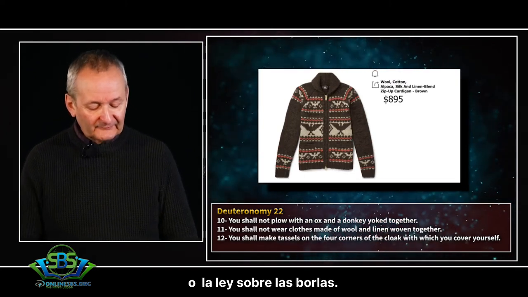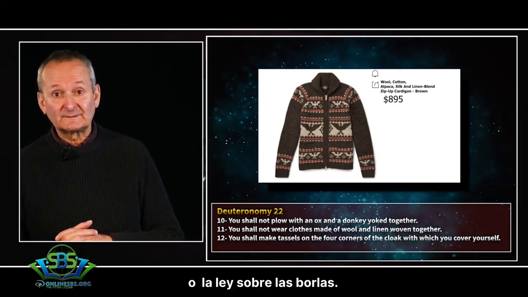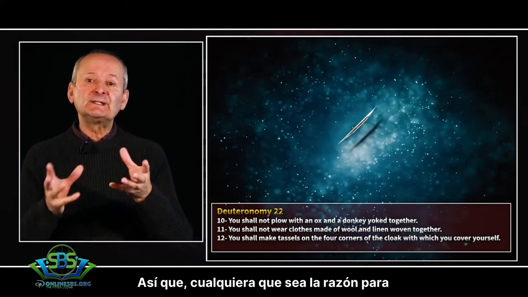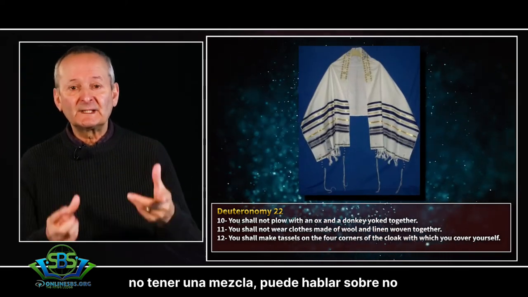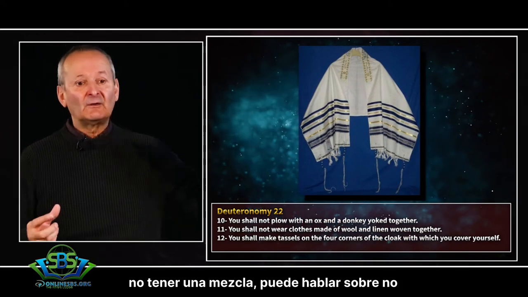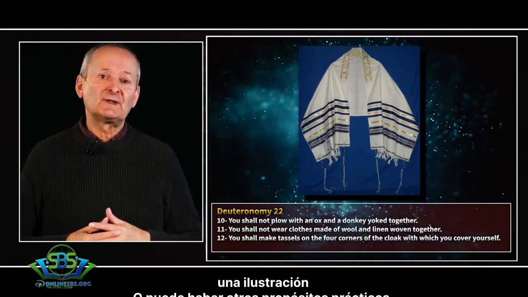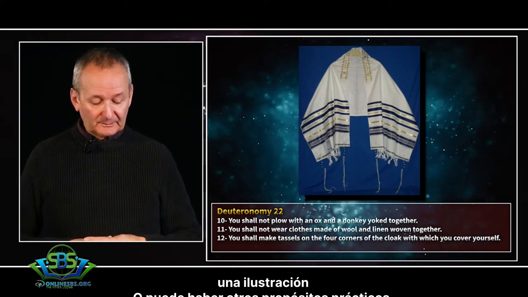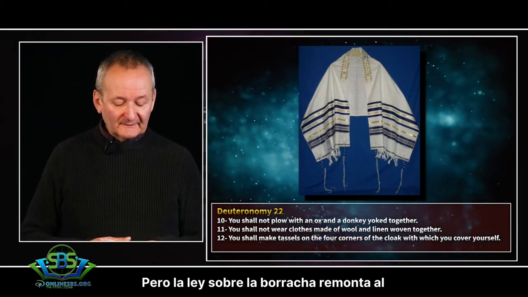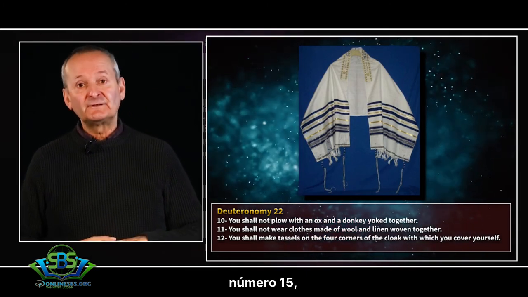And then the law about the tassels. And so whatever the reason for not having a mixture, it may speak about not being involved in syncretism as an illustration of that, or there may be other practical purposes. But the law about the tassel goes back to Numbers 15.